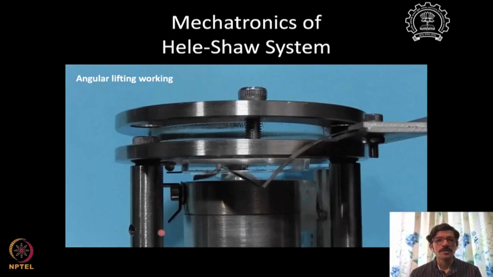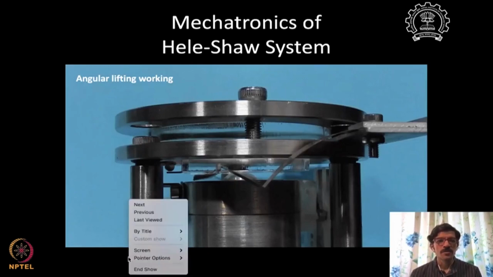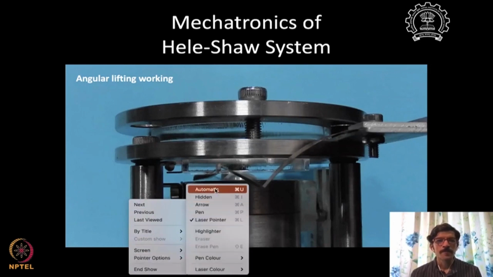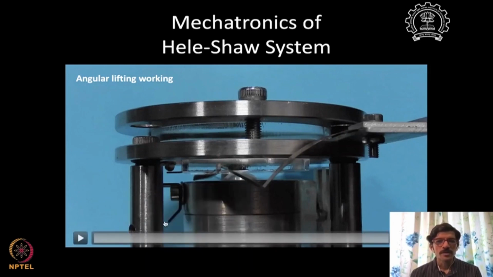So here you can see now this video for angular lifting. Before playing the video I'll show you, this is the point where the force is applied. When you squeeze, the plate is squeezed here, and there is no contact; some small gap is maintained, and as you start separating, this gap will be absorbed first and then this plate. You can see this is an acrylic plate up here.